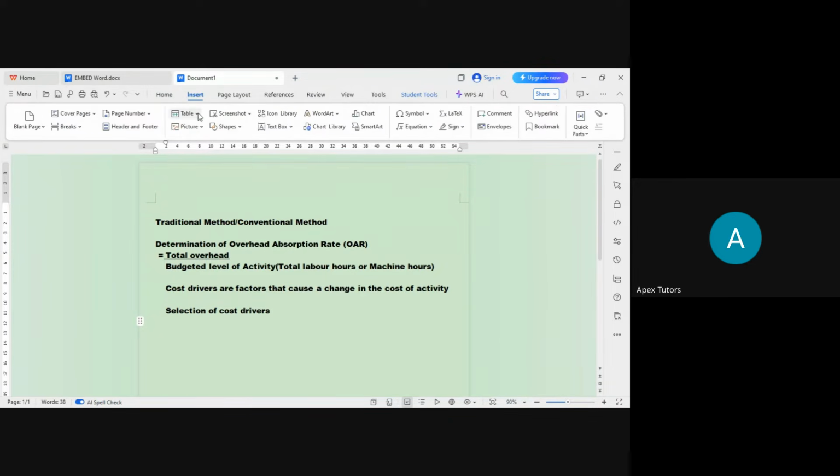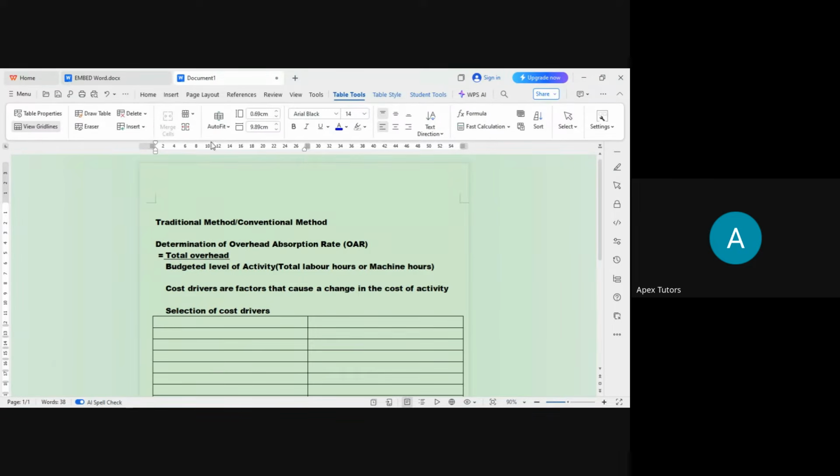Let me present some of them in a table: cost pool, and cost drivers.